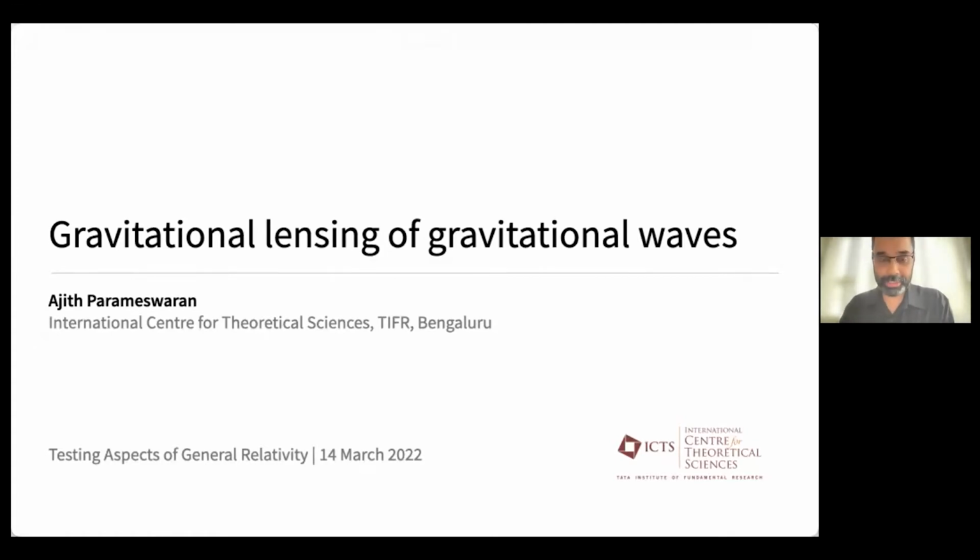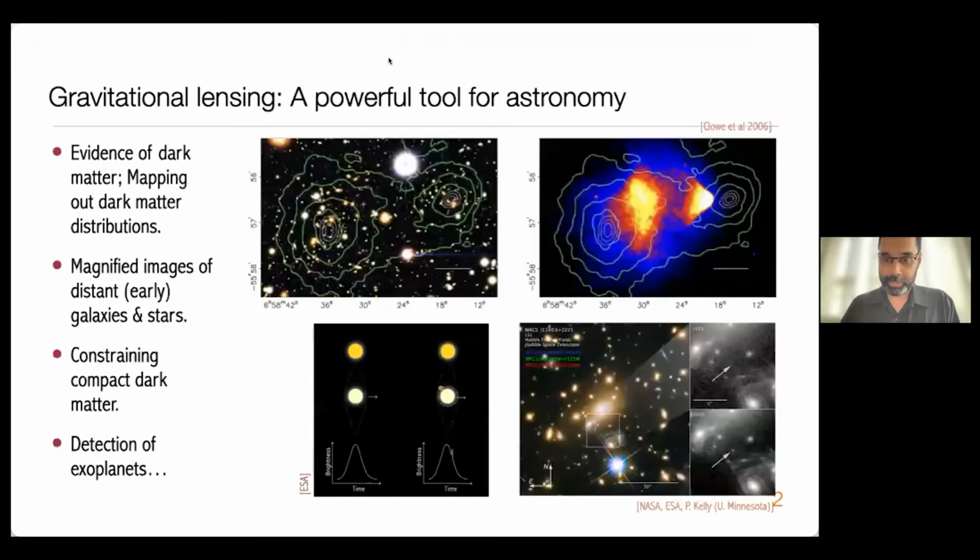gravitational wave signals, what are the challenges involved, and some of the means of detecting them, and also a brief summary of what such detections would enable us to do. There is some interesting possibility of probing different aspects of fundamental physics, gravity, astrophysics, and cosmology using the observations of lensed gravitational waves.